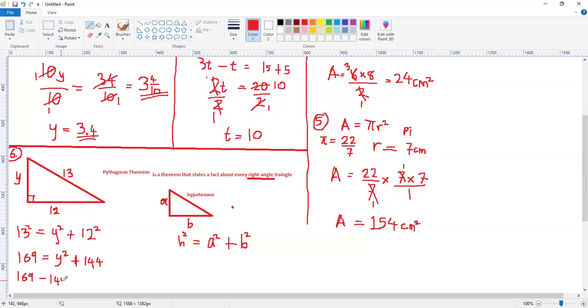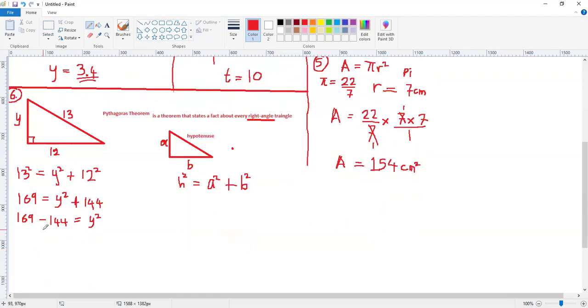So that's why it has to be a minus. 169 minus 144 equals y squared. So can you quickly do that sum? 169 minus 144 will give us what?